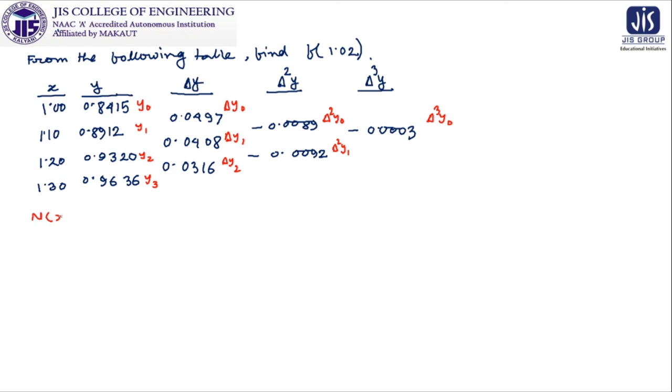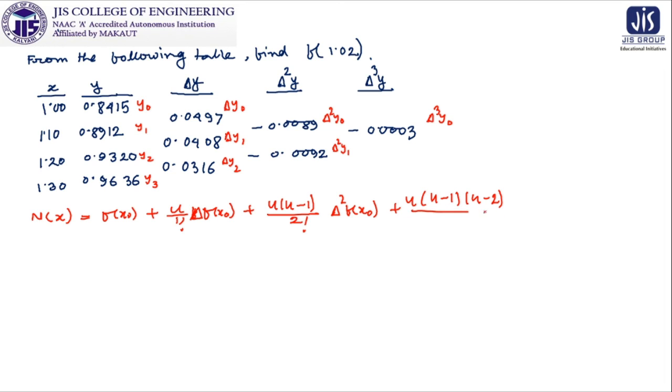So now if I go for the interpolating polynomial, what I can write, f(x0) means y0 plus u by 1 factorial del f(x0) plus u into (u minus 1) by factorial 2 del square f(x0) plus u into (u minus 1) into (u minus 2) by factorial 3 del 3 f(x0). Obviously there are no other terms because del 3 f(x0) is our last term.